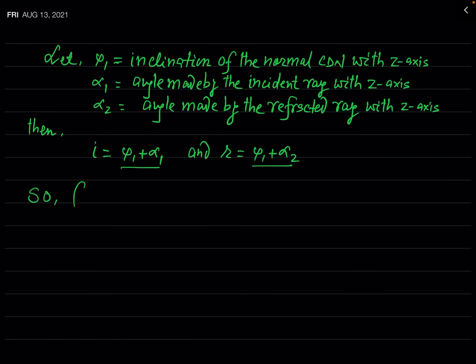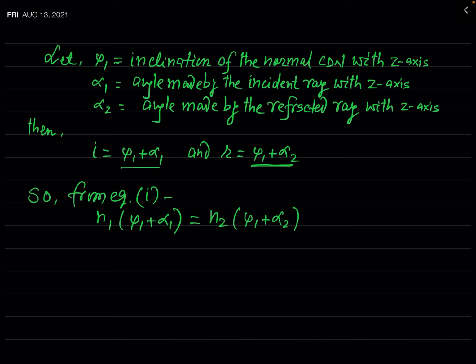You can see, from equation 1, what you will get: N1 times I, but I is phi 1 plus alpha 1, and that is equal to N2 R, but you can see R is equal to phi 1 plus alpha 2.